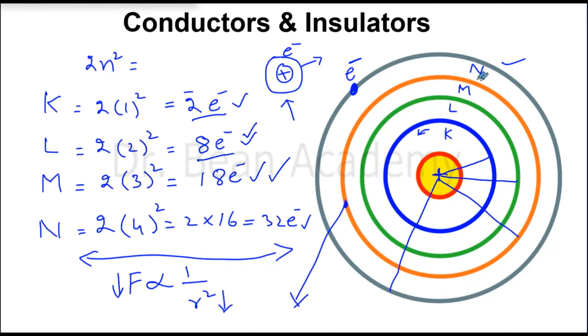But if those shells are not completely filled and those shells are away from the nucleus, then these electrons are not tightly bound with the nucleus, and I can snatch these electrons from the poor nucleus by a certain mechanism. And this is what makes different materials conductors or insulators. We will dig more into it.